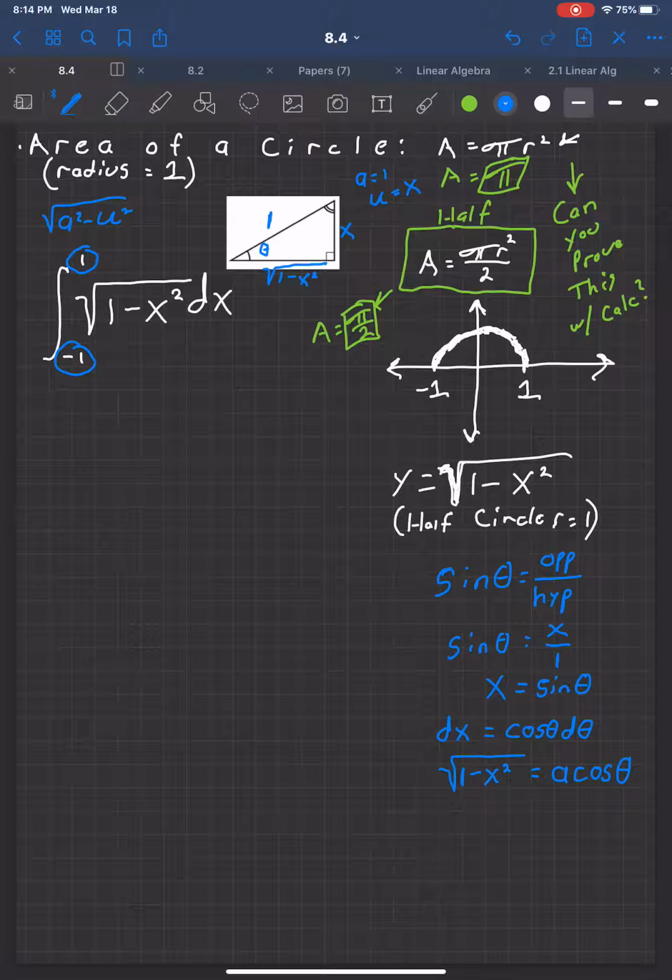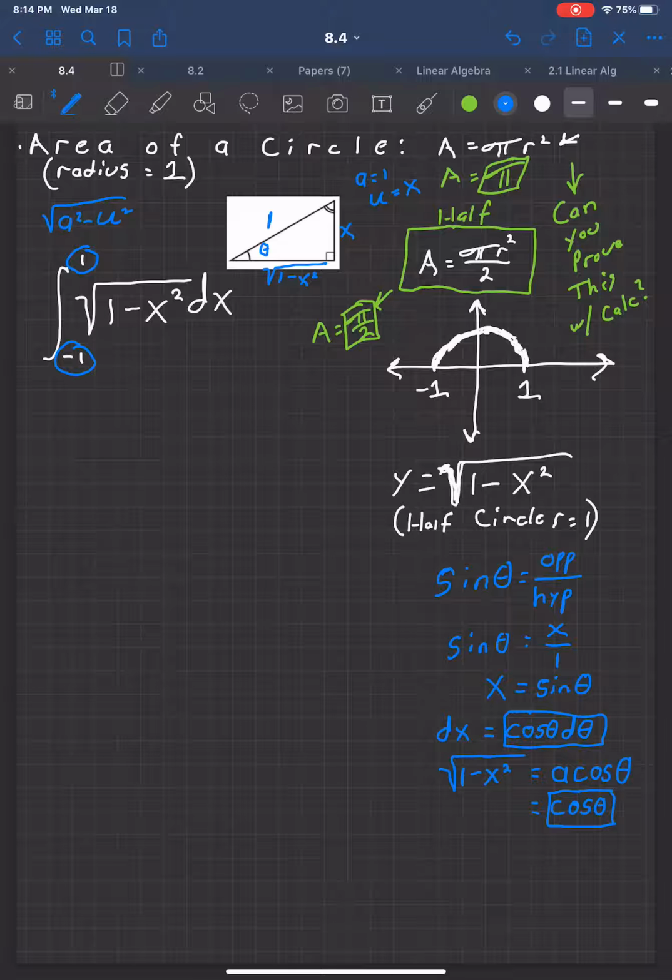Of course, a is just 1 in this case. So in other words, just cosine of theta. Okay, so let me kind of just box in all the information that I'm going to be using when I do my substitution.